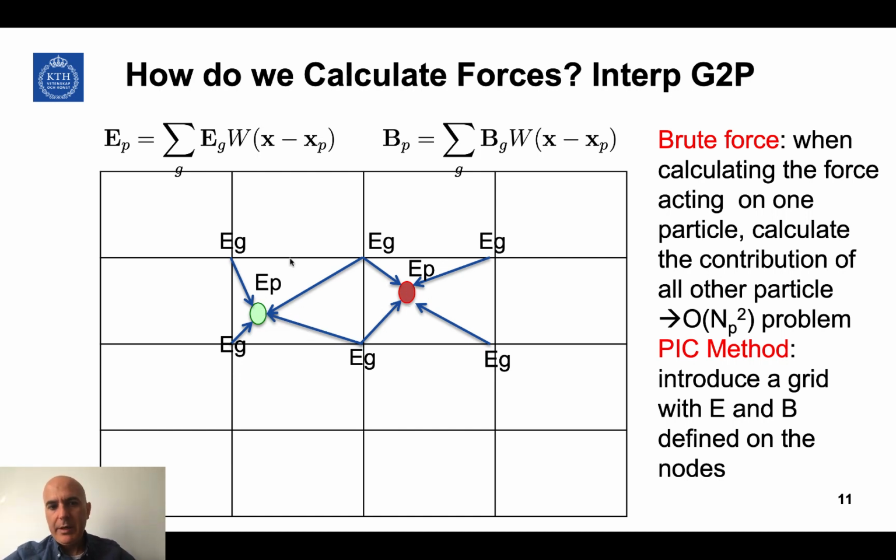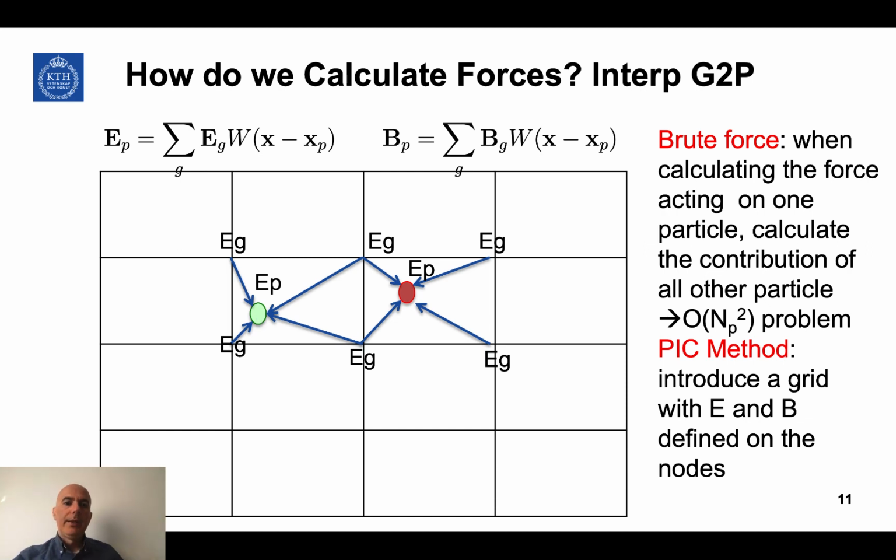The same applies to these green particles. We first check in which cell it is, we take the values of the electric field in the surrounding nodes where the electric fields are defined, and then we take a weighted average of this electric field depending on their distance from the particle.